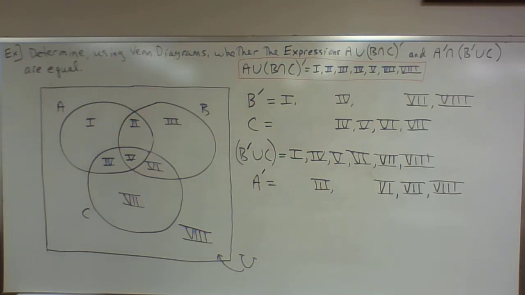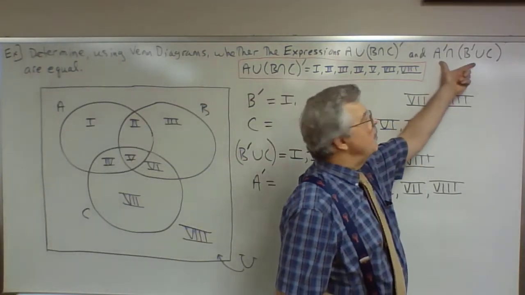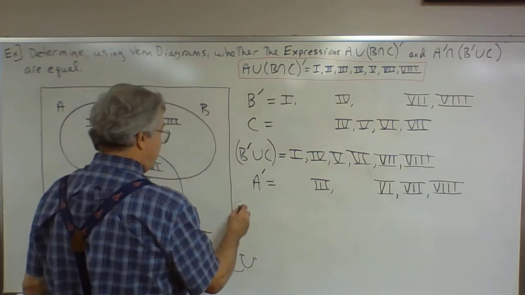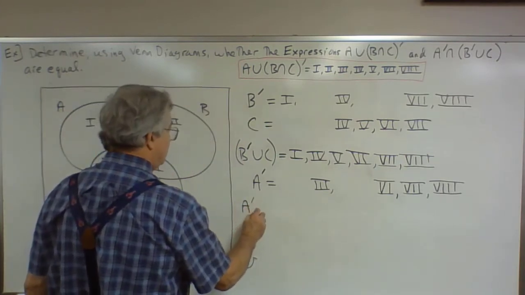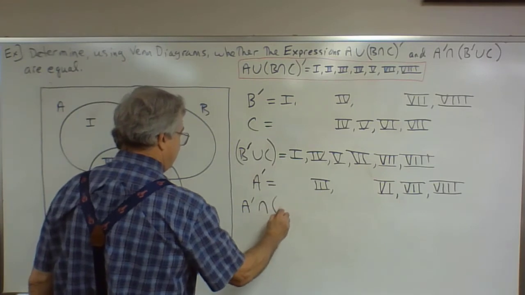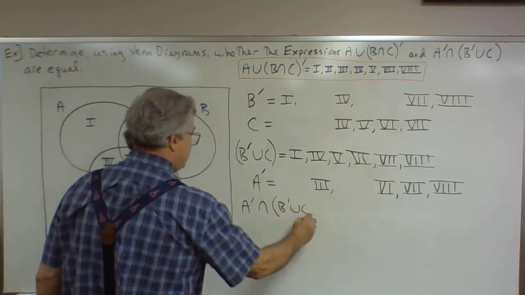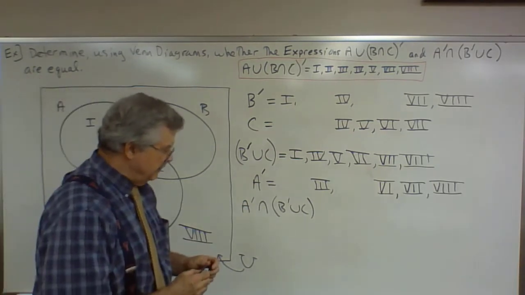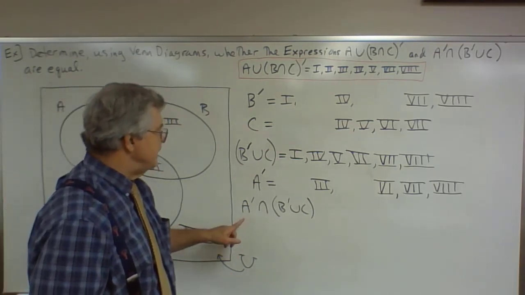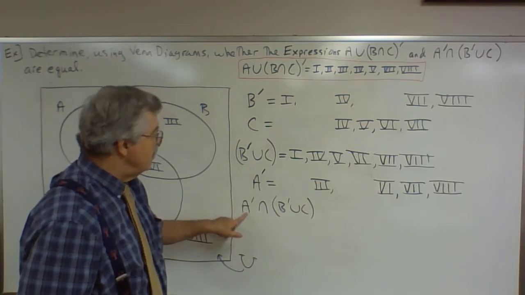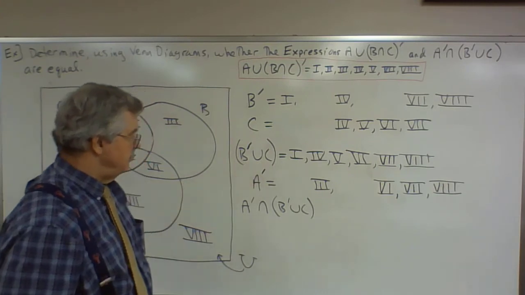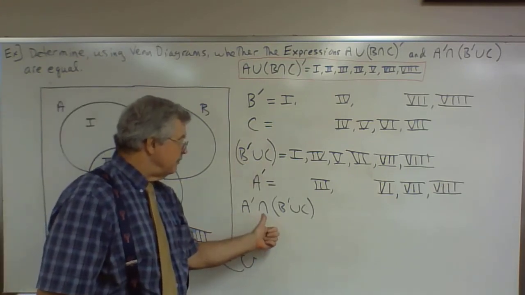Okay, now we are ready. We're ready to compute this whole colossal mess here. A complement intersect B complement union C. And this is going to be the regions that are contained both in A complement and in B complement union C. This is an intersection.